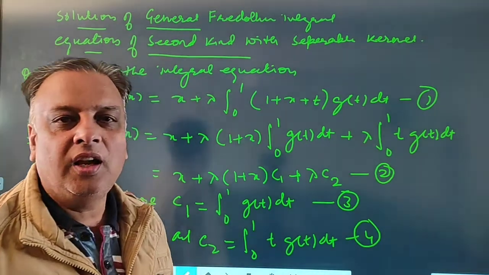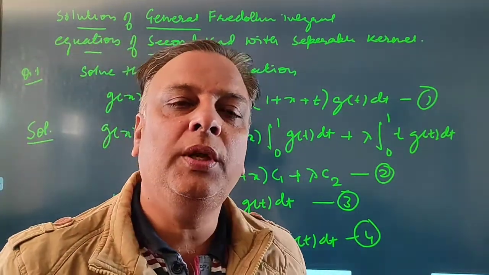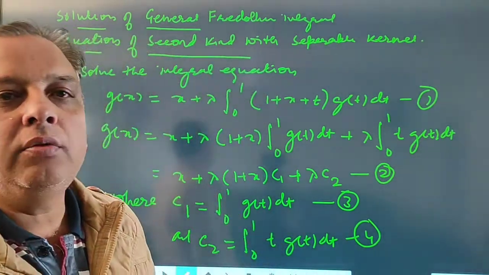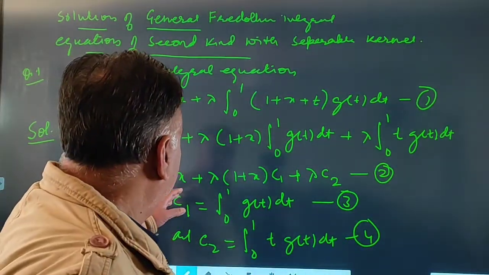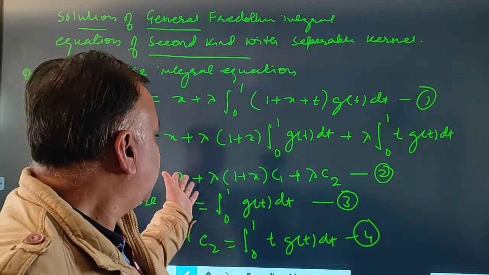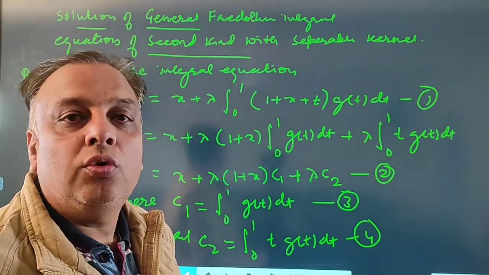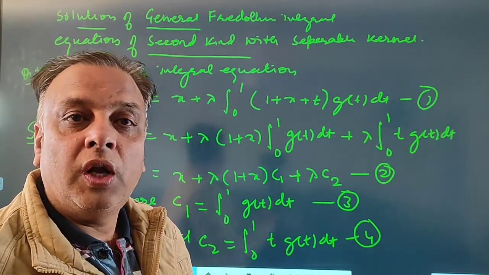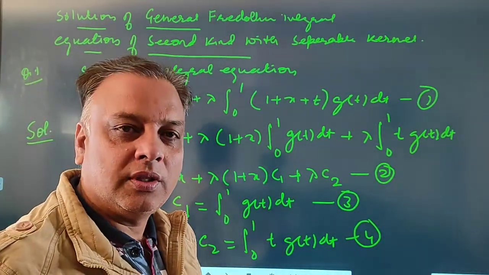As g(x) is the unknown function and we have to find the solution of the integral equation, we have to find the value of the unknown function. By equation 2, the value of g(x) is x + lambda (1 + x) c1 + lambda c2, which is the solution for the unknown function.